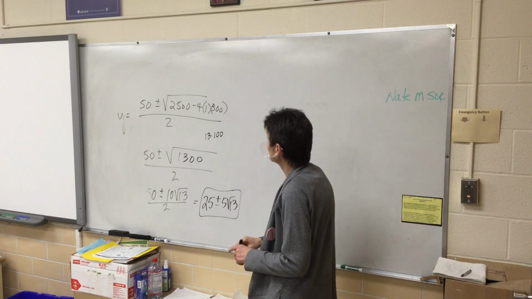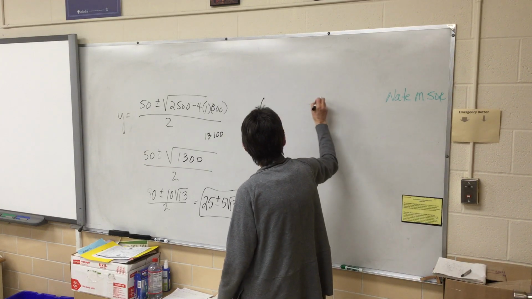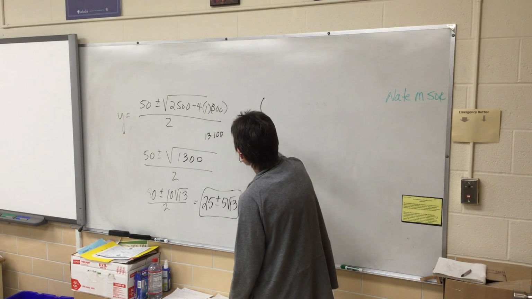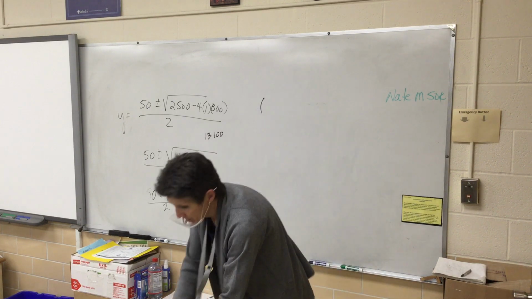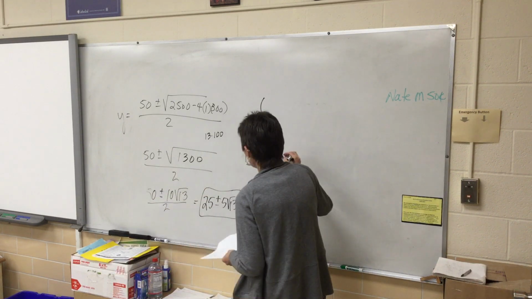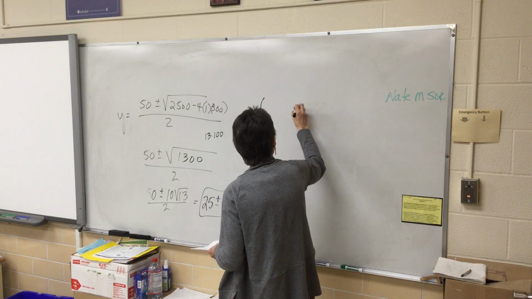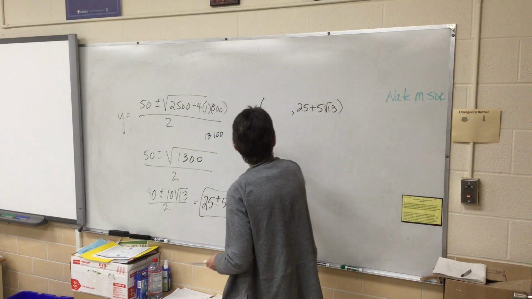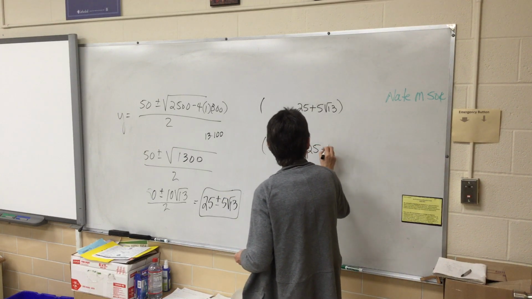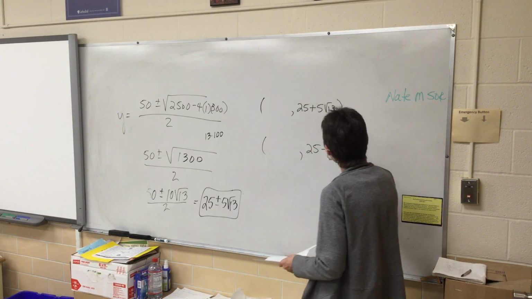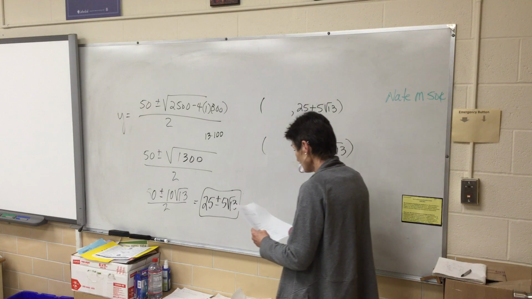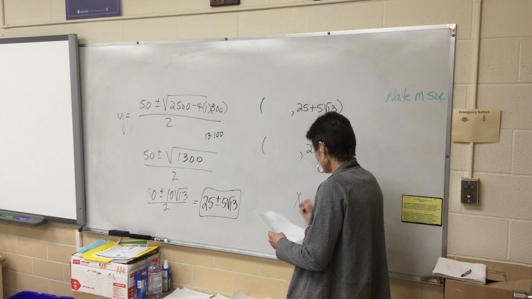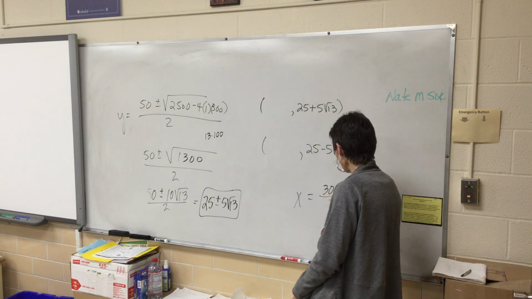You're not going to like it. That means there's 2 answers. And what was that? Oh shoot, I erased my problem. So that means the y values are 25 plus 5 root 13 and 25 minus 5 root 13. Those are the y values. And then x is 300 divided by y.